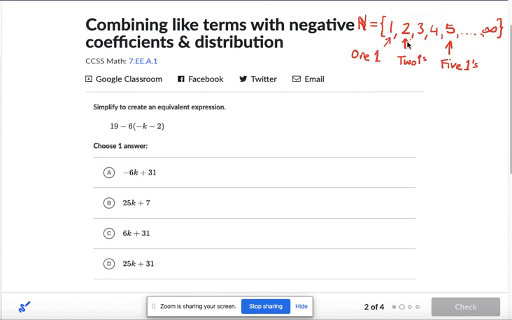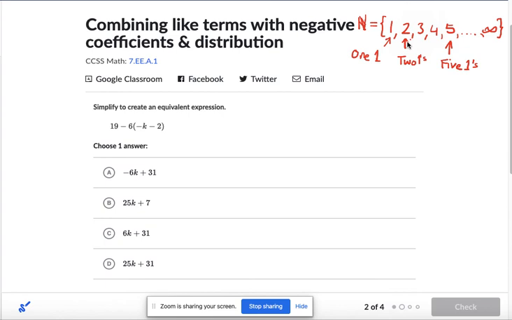and then -6 times -k. Remember what we said with the variables, that this 5x is 5 x's. Well, 6x will be 6 x's. In this case, -6 times -k, well, negative times negative is a positive, so we're going to do that part first.